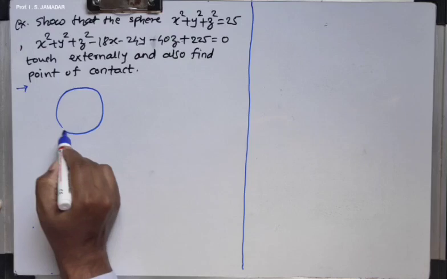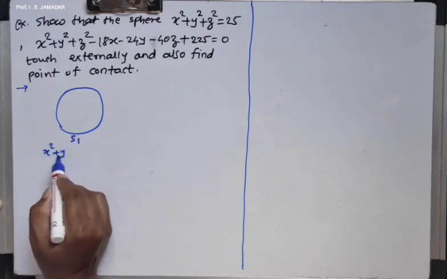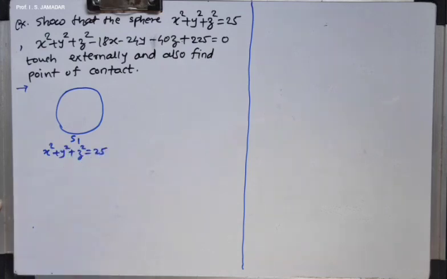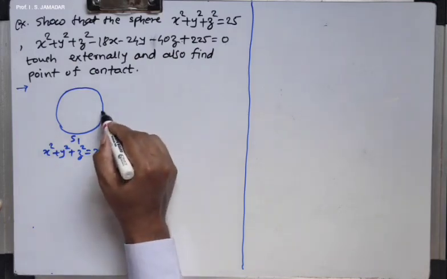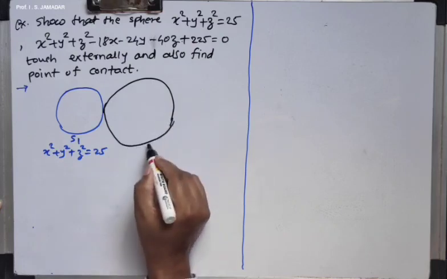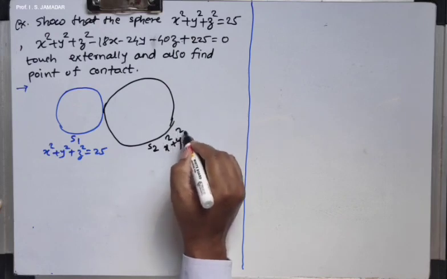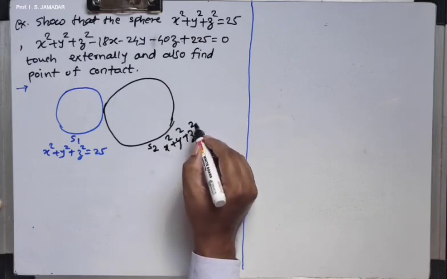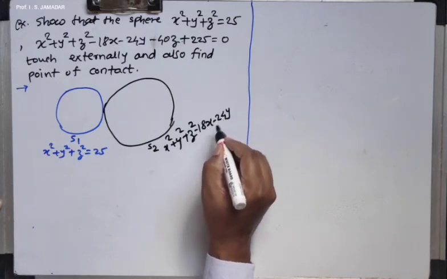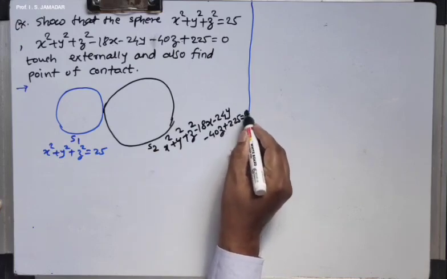Suppose this is the first sphere S1 whose equation is x square plus y square plus z square is equal to 25. This is the second sphere whose equation is x square plus y square plus z square minus 18x minus 24y minus 40z plus 225 equal to 0.